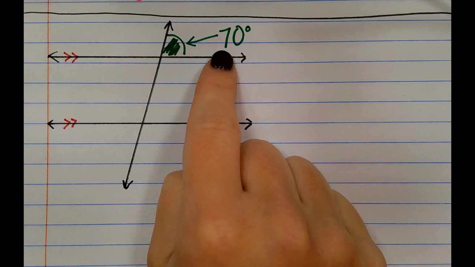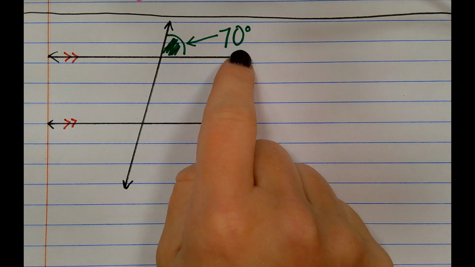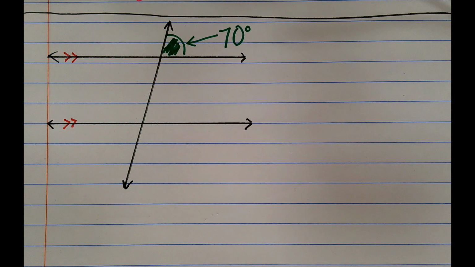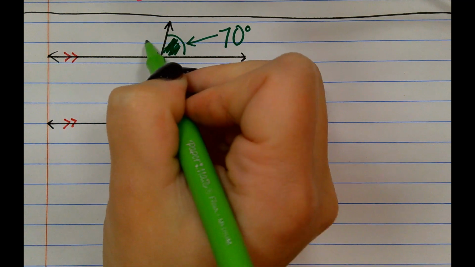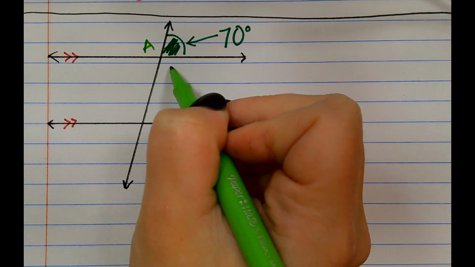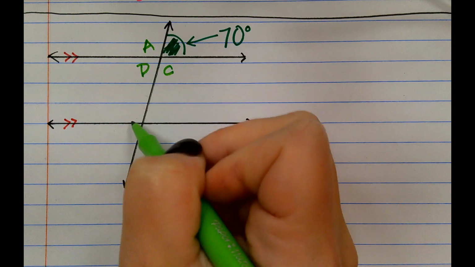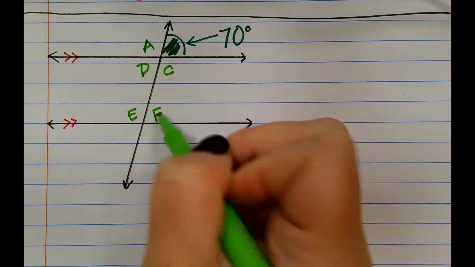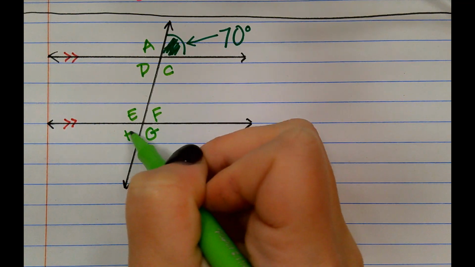Now, with just this one angle measure, could I figure out the measure of every other angle in this picture? I'll call this A, that's B, C, D, E, F, G, H.